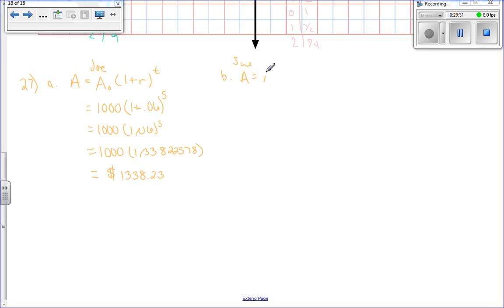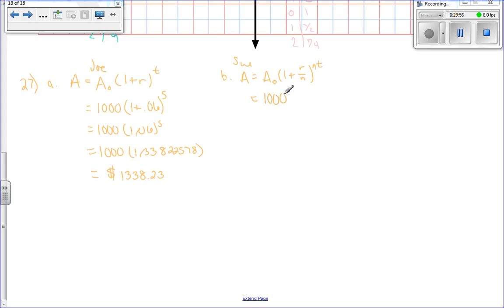We have to use compound interest, so we're talking about the fact that the interest is accruing several times a year. So it's 1 plus r over n to the nt.